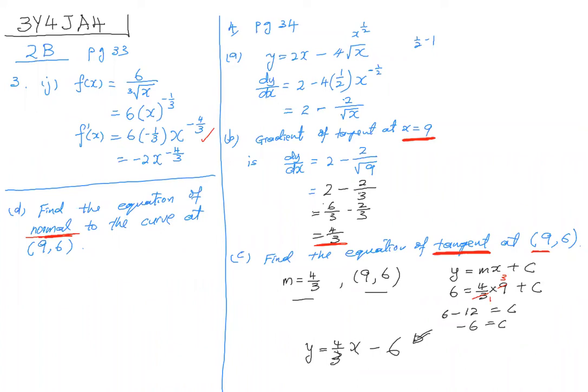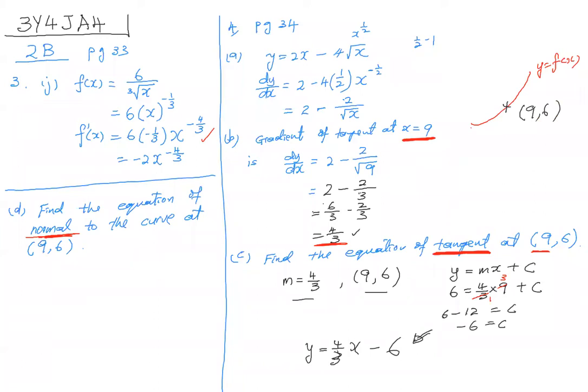We just assume this is your y equal to f(x). And this is the point. If I draw like that, it should be reasonable, correct? Because the gradient is positive, it should go up. And the point that I'm talking about is 9, 6.